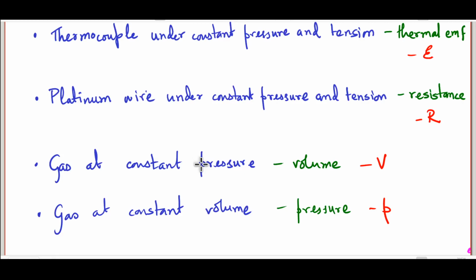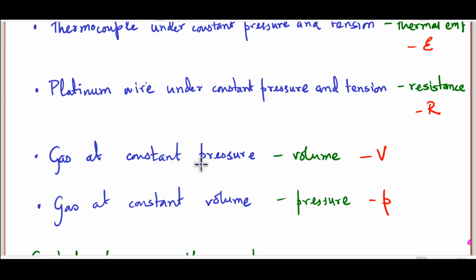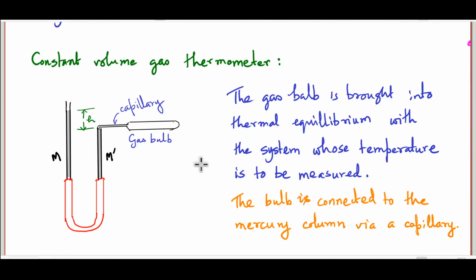It's much easier to precisely measure the pressure and maintain the volume at a constant value for a gas than it is to measure a volume experimentally. And as a result, you get a more precise measurement using the constant volume gas thermometer, which was our final example. Now let me just take a look at this in a bit of detail.